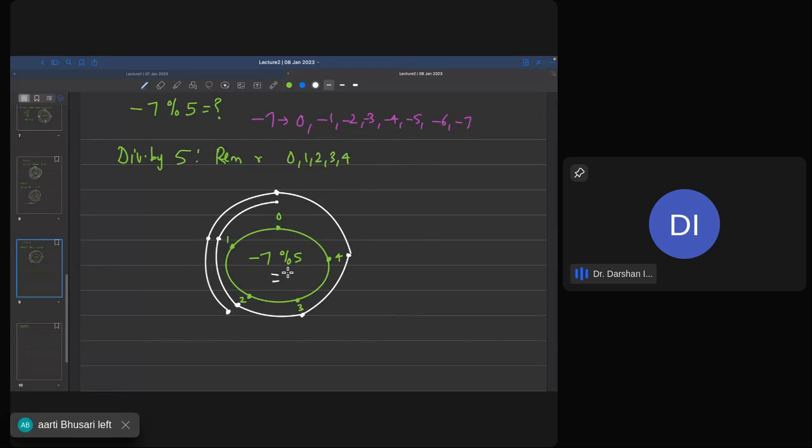Answer is 2. Because it's a negative number, we went in the anti-clockwise direction.